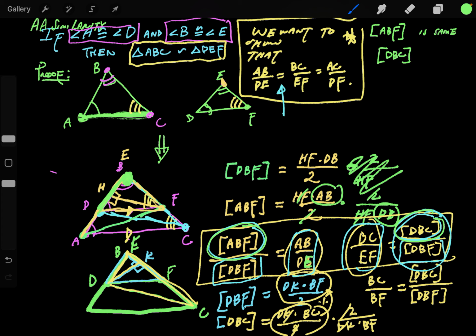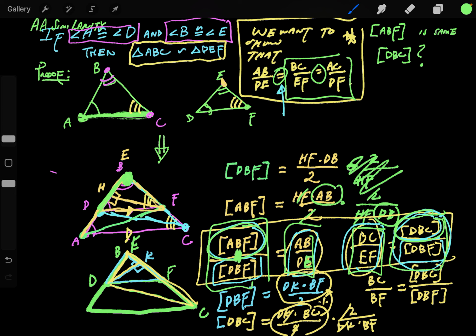And how am I going to show that? Question mark, right? If I show that, then I've shown that this is the same as this, which is saying that this is the same as this, which is the equality that I wanted. And then I'd have to do another argument to get the equality between these two.